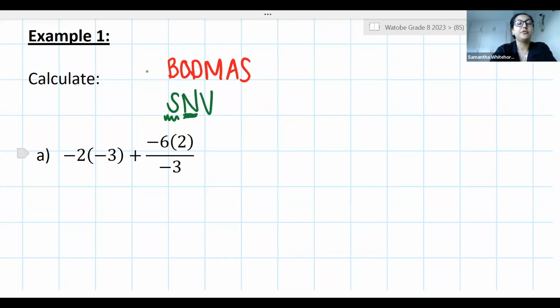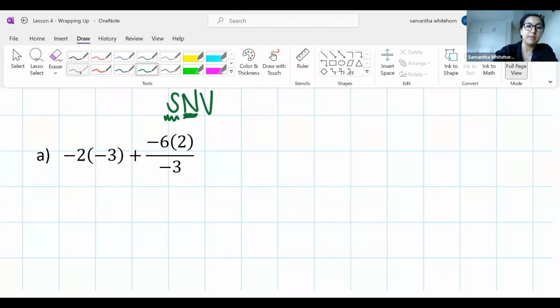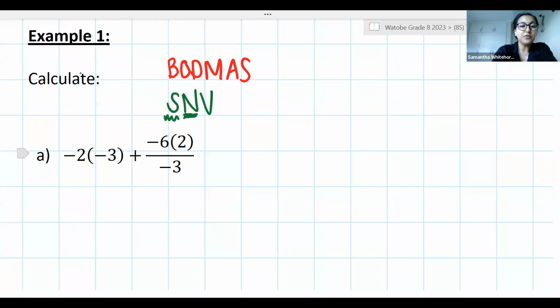So if we have a look at our first expression that I've given you there, the first thing I want you to remember is that whenever you've got a number right next to a bracket and there's nothing in between them, we need to remember that the operation we are dealing with is a times. So this is actually saying -2 times -3.